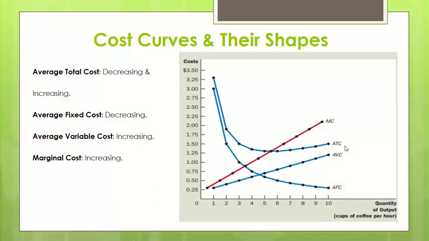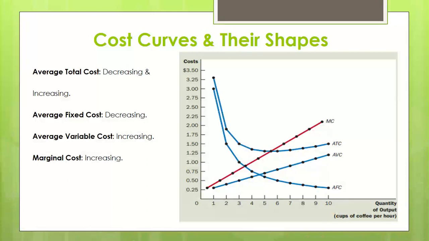Here you can see that average total cost is above both the average variable cost as well as the average fixed cost.